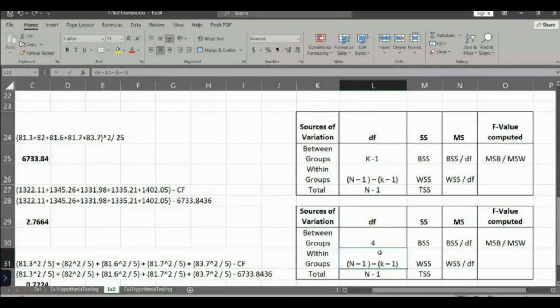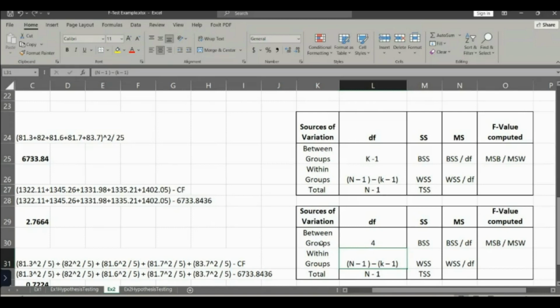Next. Degree of freedom ng within groups. So based from our formula here, we just have to get the difference between the total number of teenagers minus 1 and the degree of freedom ng between groups.